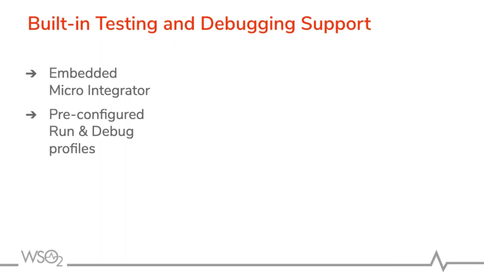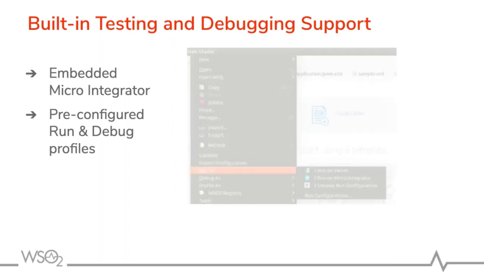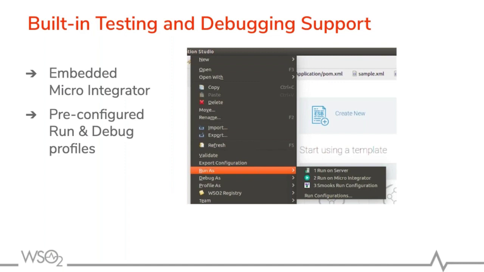As I said earlier, we wanted to improve the experience from development up until the end. So we have provided you with built-in testing and debugging support. We were capable of doing this with the introduction of the micro integrator profile as an inbuilt server.